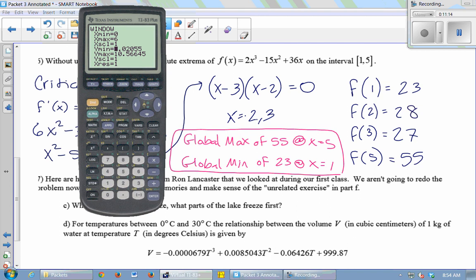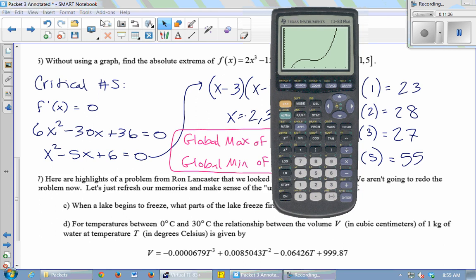So those would be a good choice to choose my y range. So maybe I'll go like 20 to 60. Okay, let me just take a picture of this so I can draw on it.